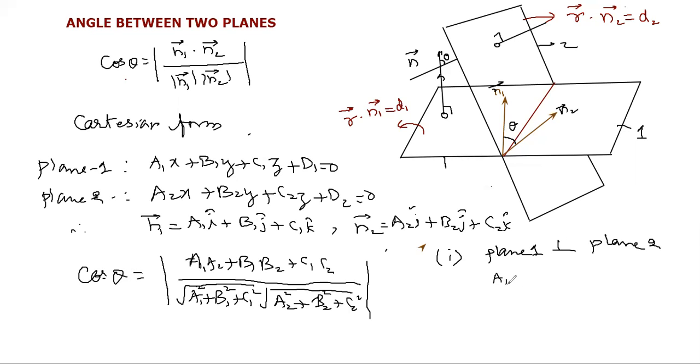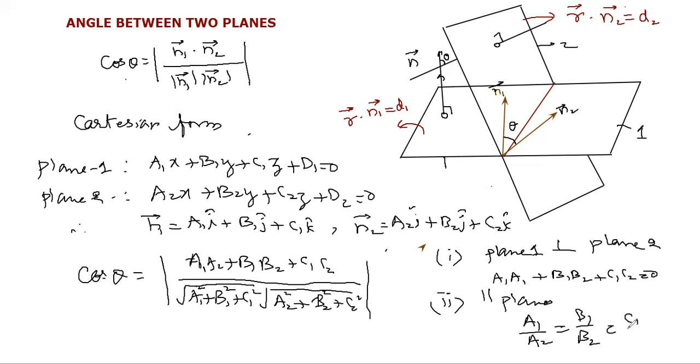The same condition that we have seen for the lines: a1a2 plus b1b2 plus c1c2 is equal to 0. Or for parallel planes, the condition is a1 upon a2 is equal to b1 upon b2 is equal to c1 upon c2.